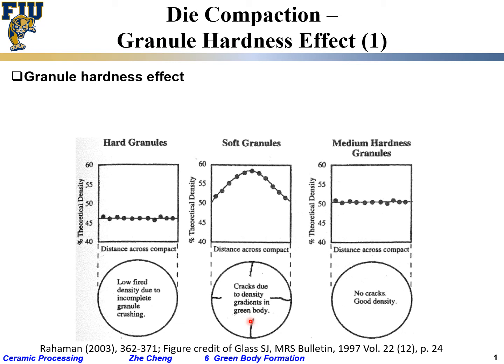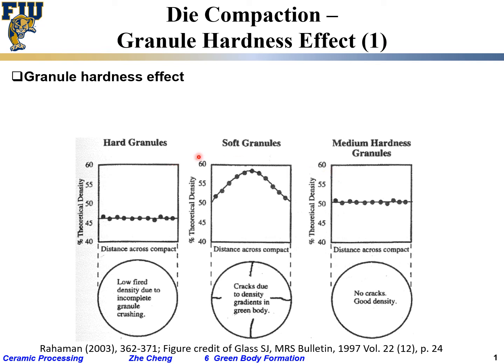Between the friction, the deformation, and the complex interaction, we may have the center denser and the outside lower density, and when you release them, they spring back and quite often crack. Okay? That's why ideally you want your granule, your artificially made secondary particle, to be of so-called medium hardness.